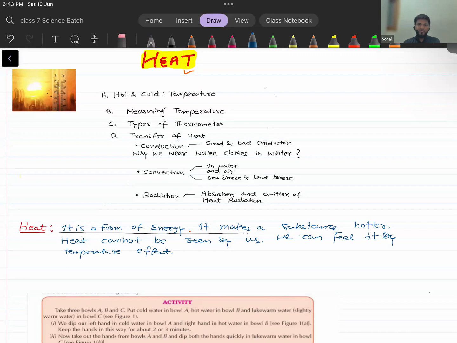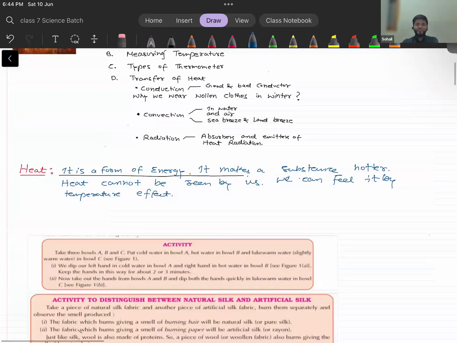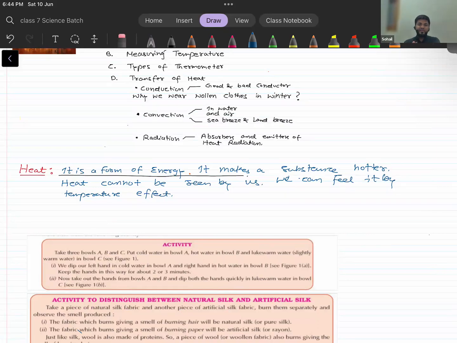So the temperature effect refers to the hotness or coldness of the body. Some bodies are hotter, some bodies are colder. This difference in the heat output by the body is measured in terms of temperature. When heat is given to a substance, its temperature is going to rise, and when heat is taken away from a substance, its temperature is going to fall.